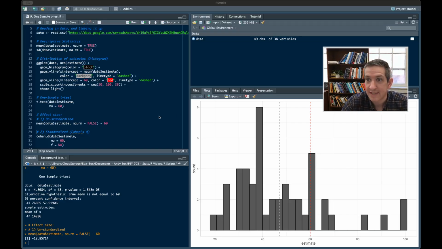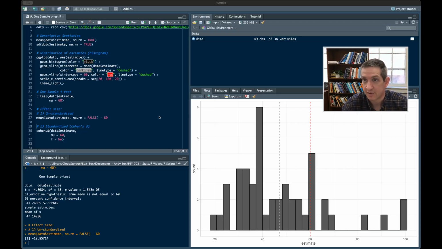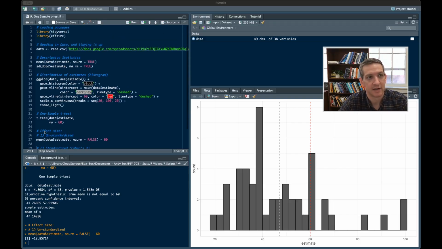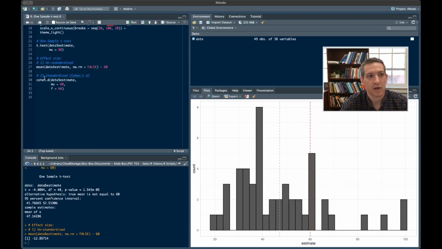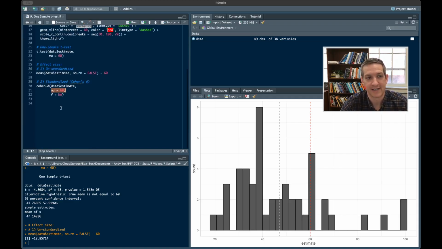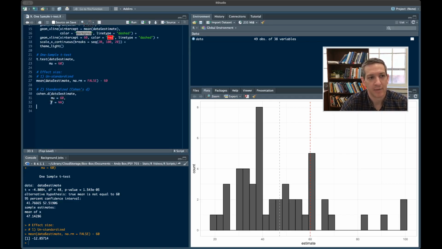For good measure, let's see what this would look like if we chose to calculate this in standardized units. The measure for that would be Cohen's d. And here we can use cohen.d, and again, this is from the effsize package that we loaded earlier. We give it, again, the name of the column, the known value we're comparing against, and don't worry about y, but we need to tell it that f equals NA.